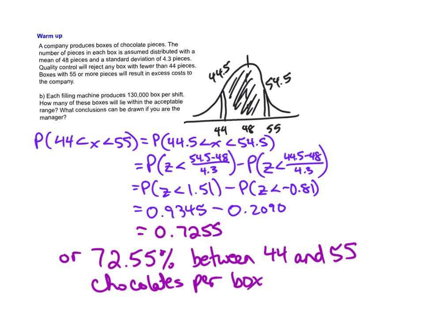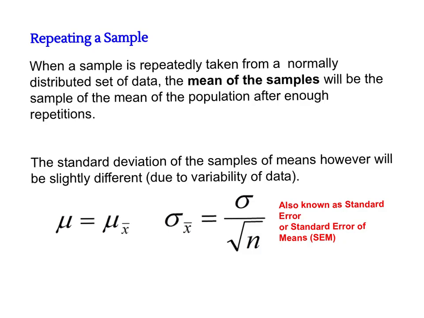So by using our binomial approximation, we get that there's a 72.5% chance that there will be between 44 and 55 chocolates per box. So on to our new stuff.